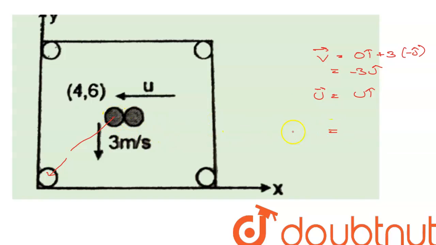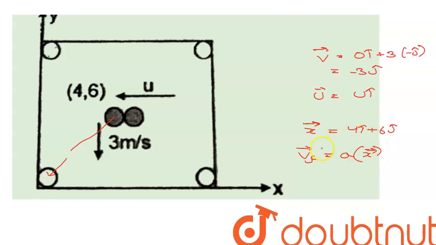To find that direction, we can find the position vector. The position vector of the coin at the time of collision is 4 i cap plus 6 j cap. For this coin to be able to go into this hole, whatever the velocity v final it acquires, it must be a multiple of this position vector, right?